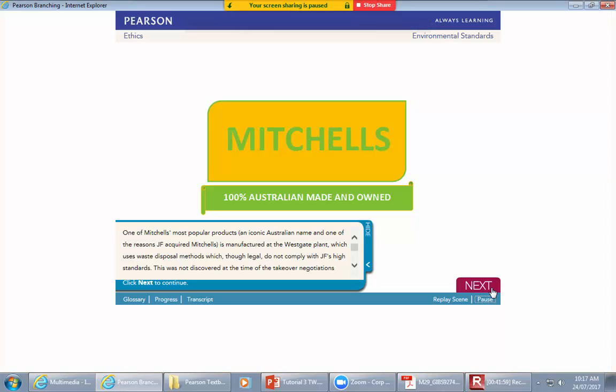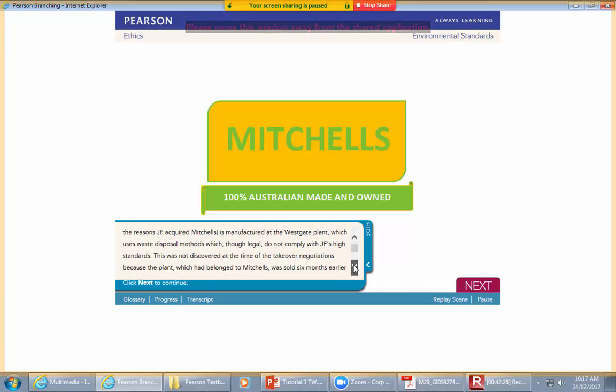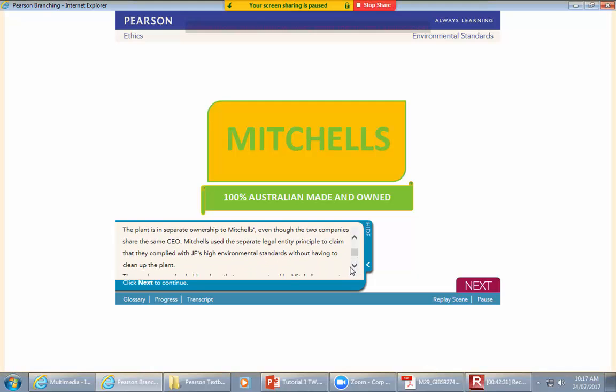One of Mitchell's most popular products, an iconic Australian name and one of the reasons JF acquired Mitchell's, is manufactured at the Westgate plant, which uses waste disposal methods which, though legal, do not comply with JF's high standards. This was not discovered at the time of the takeover negotiations because the plant, which had belonged to Mitchell's, was sold 6 months earlier to a private company owned by the family of Mitchell's CEO. The plant is in separate ownership to Mitchell's, even though the two companies share the same CEO.